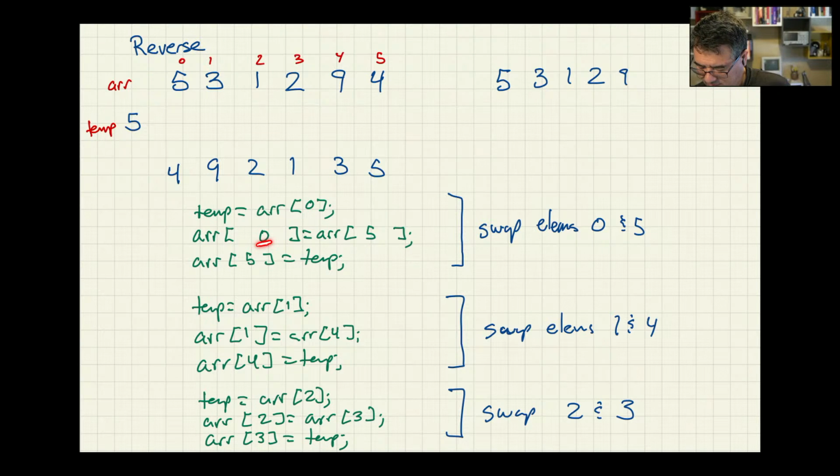And this number here is also going 0, 1, 2, and it's the same as these numbers here. So if I know this number, I also know this one. If I know this number, I also know this one. And if I know this number, I also know this one. So I could replace this with I, my loop counter.